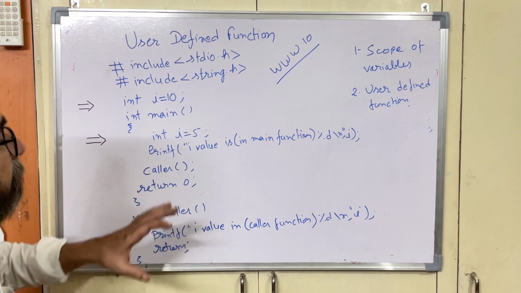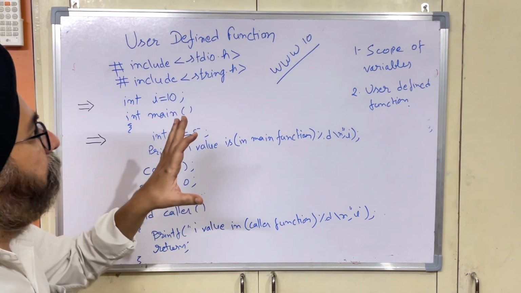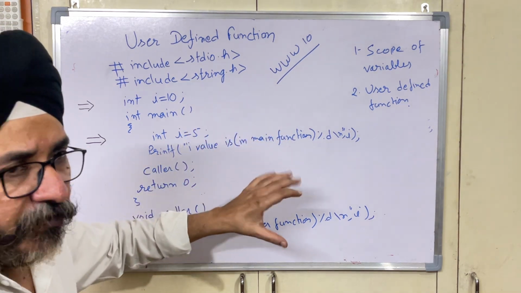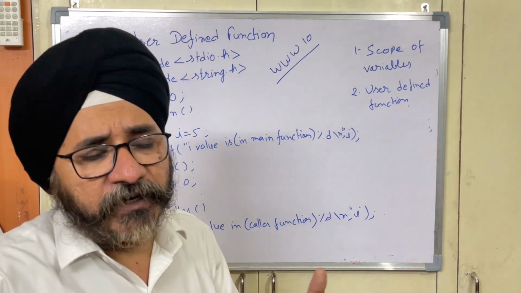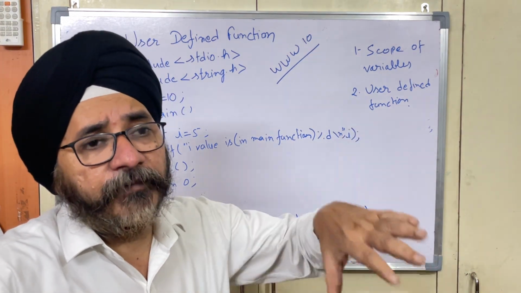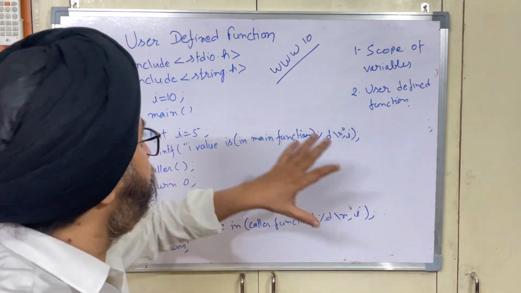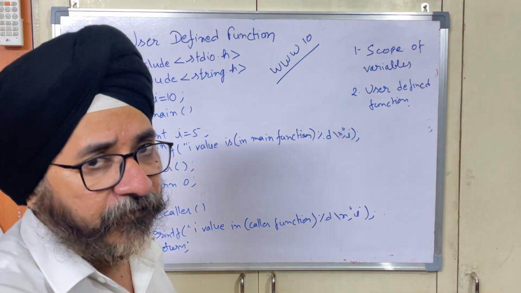We know that #include <stdio.h> is for input output functions like printf, scanf, and string.h is for functions like strlen, strcpy, strcmp. So these types of functions related to strings are inside string.h, H for header files.